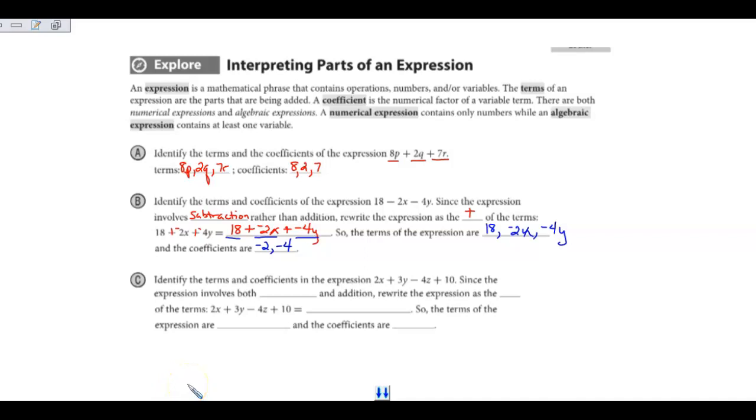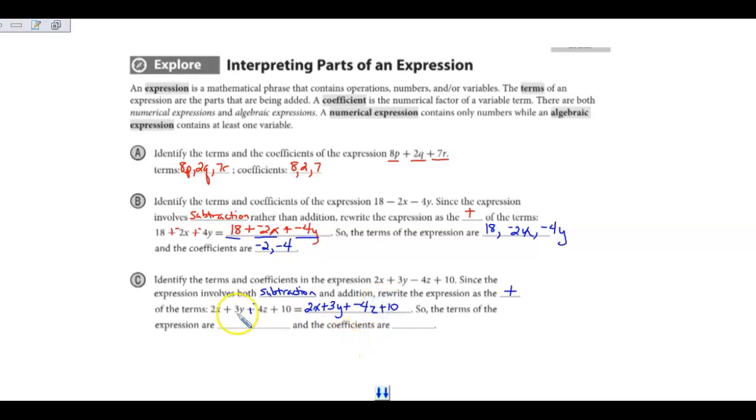Example C, identify the terms and coefficients in the expression 2x plus 3y minus 4z plus 10. Since the expression involves both subtraction and addition, rewrite the expression as the addition of the terms. So we would change this from subtraction to add the opposite. So we would have 2x plus 3y plus negative 4z plus 10.